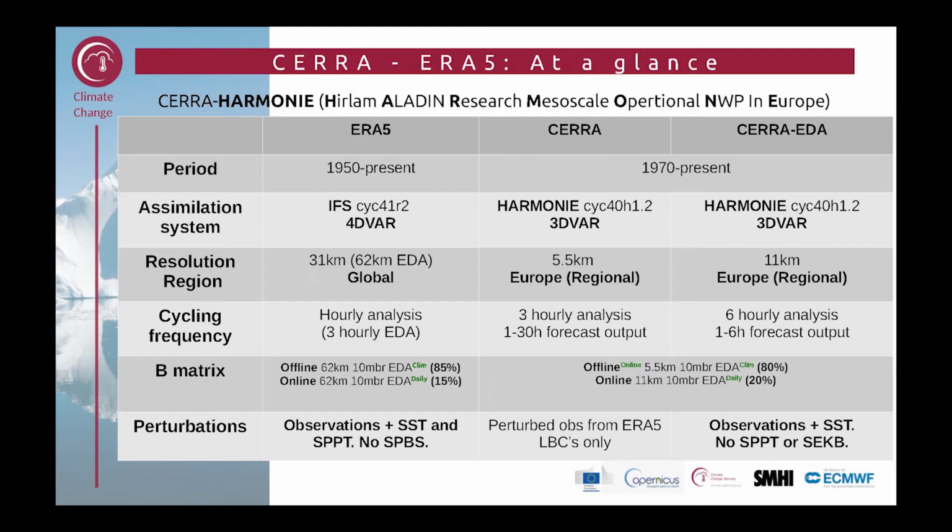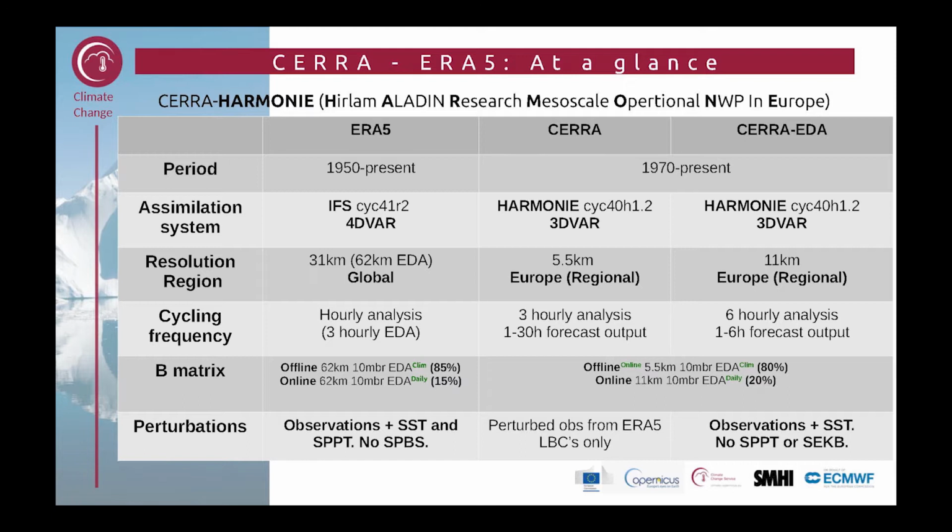That's why I've put CERRA Harmony up there, because Harmony stands for Hirlam Aladin Research Mesoscale Operation NWP in Europe. All these acronyms are a mouthful, but there you go. So it's not good to look at it as comparing ERA 5 with CERRA, but it's good to know the differences between the two.